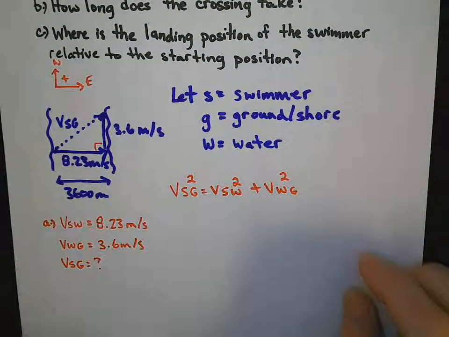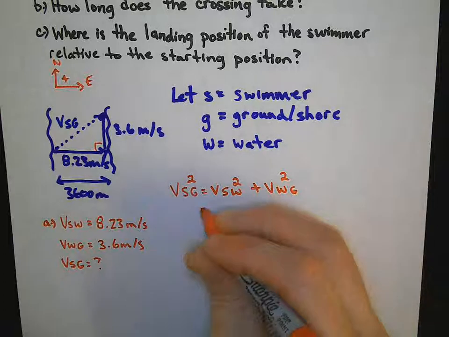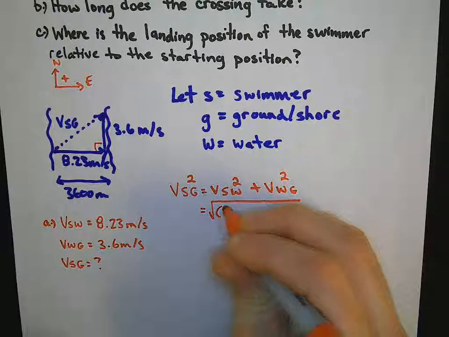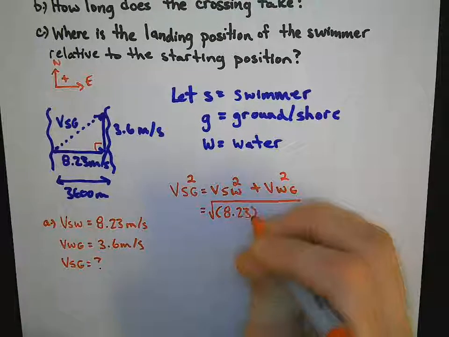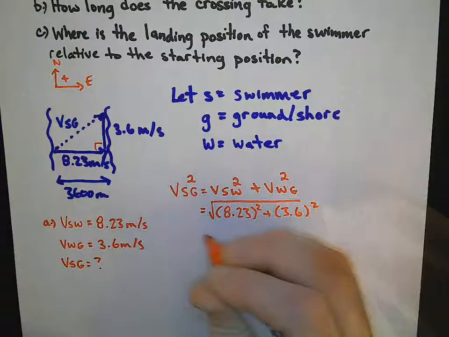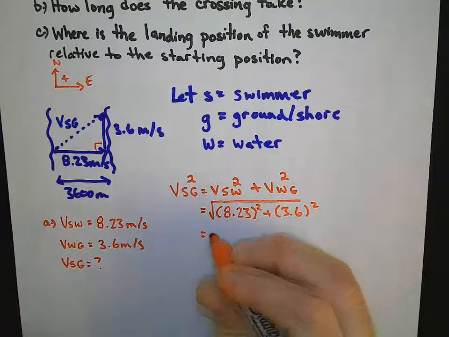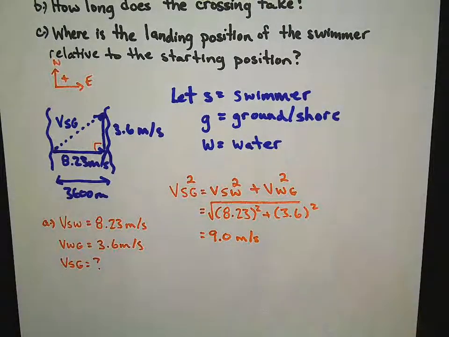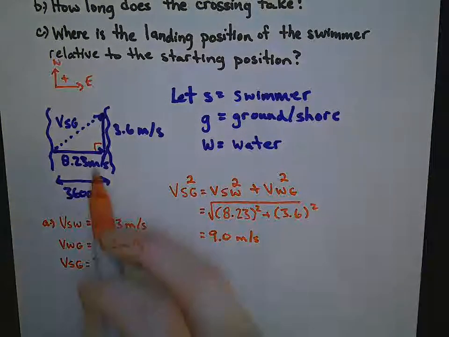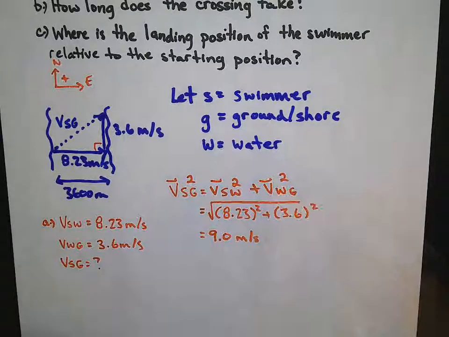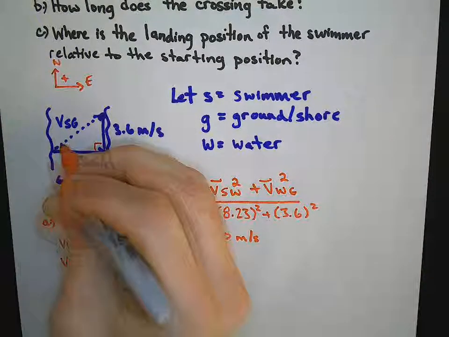So, therefore, this is going to be equal to the square root of 8.23 squared plus 3.6 squared, and we get an answer in this case of 9.0 meters per second. And because we have the 90-degree angle and because velocity is a vector component, we need to calculate theta.